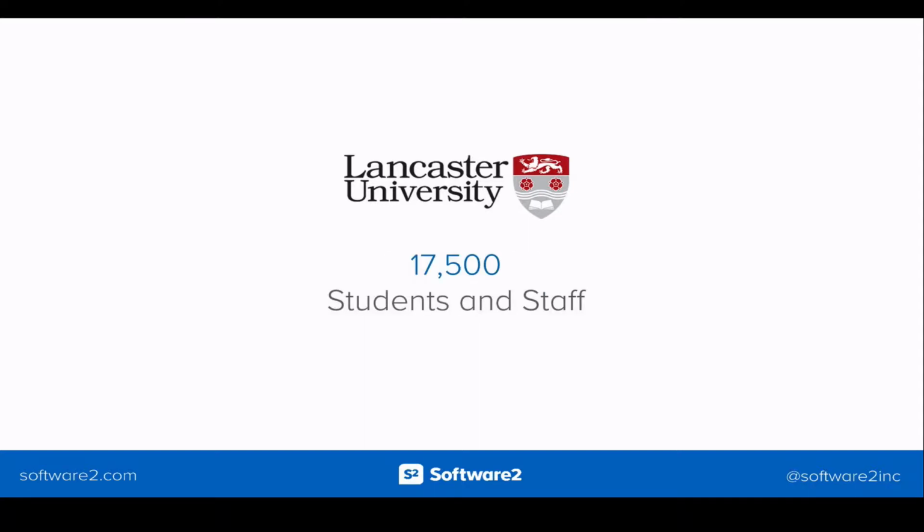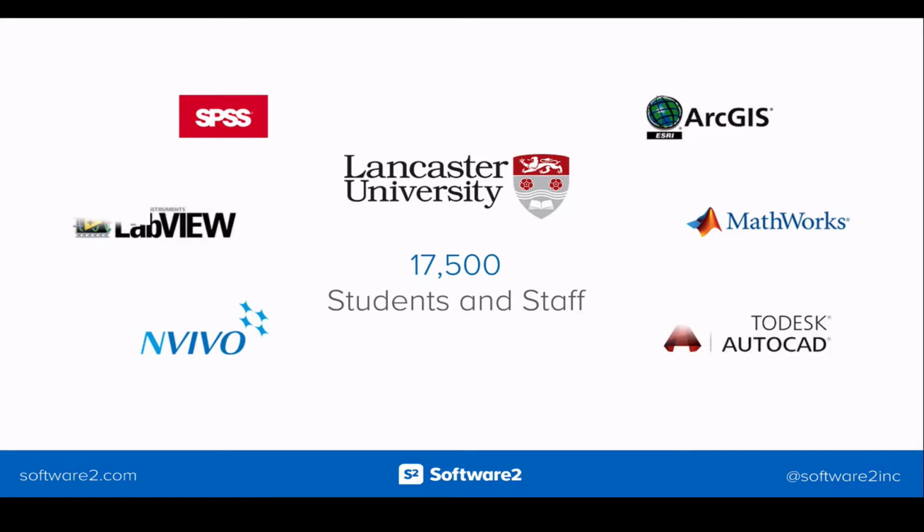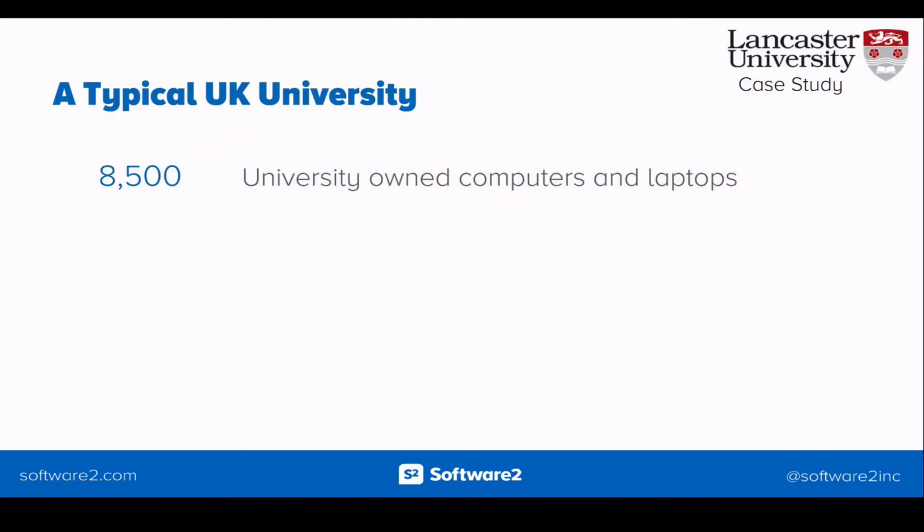And with around 17,500 staff and students working on the university campus, they use all of the software that you would expect to see at a university, both for teaching and in research. So Lancaster is a fairly typical UK university. Back in 2012, when our project began, Lancaster University had around 8,500 university-owned computers and laptops, and that included about 1,500 computers in labs, and we were deploying about 250 software titles.